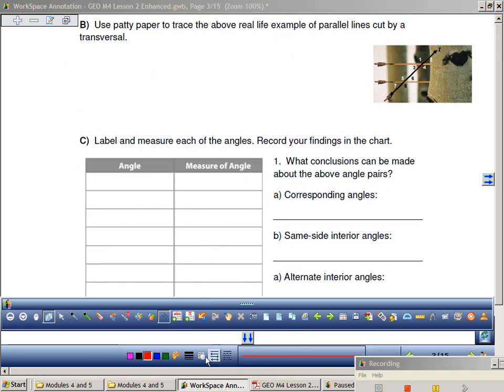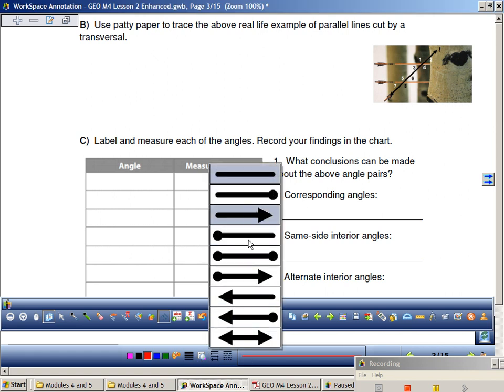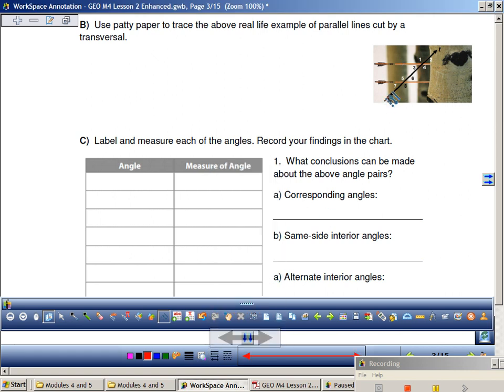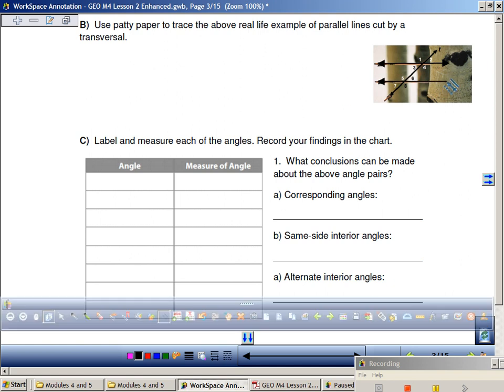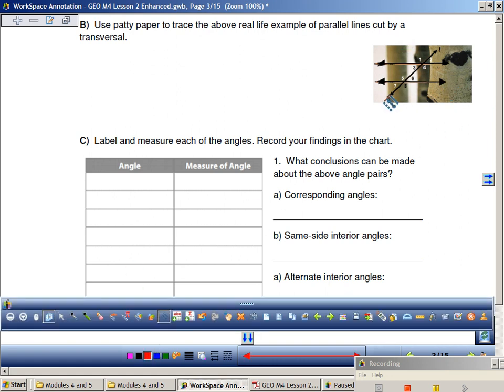So this is where I'm going to redraw this. So I've got this. Let's use black. So here is one, and here's another one, and I'm going to draw a transversal that goes through them.